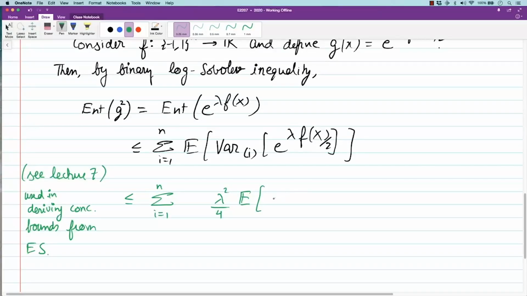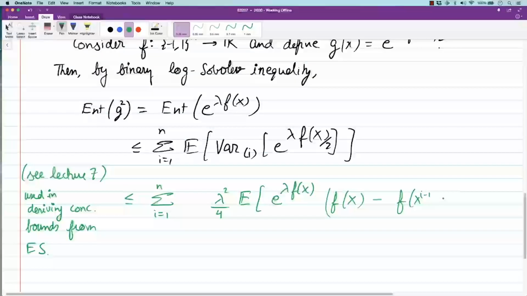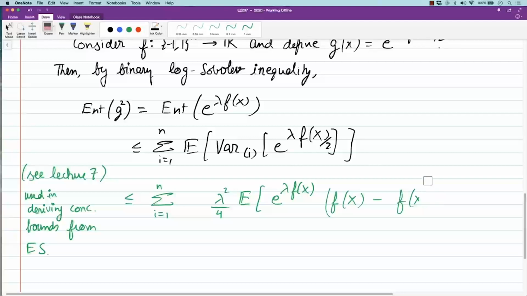E to the power lambda f(x), this is the bound we saw earlier, times the positive part of f(x) minus f of the modified input.